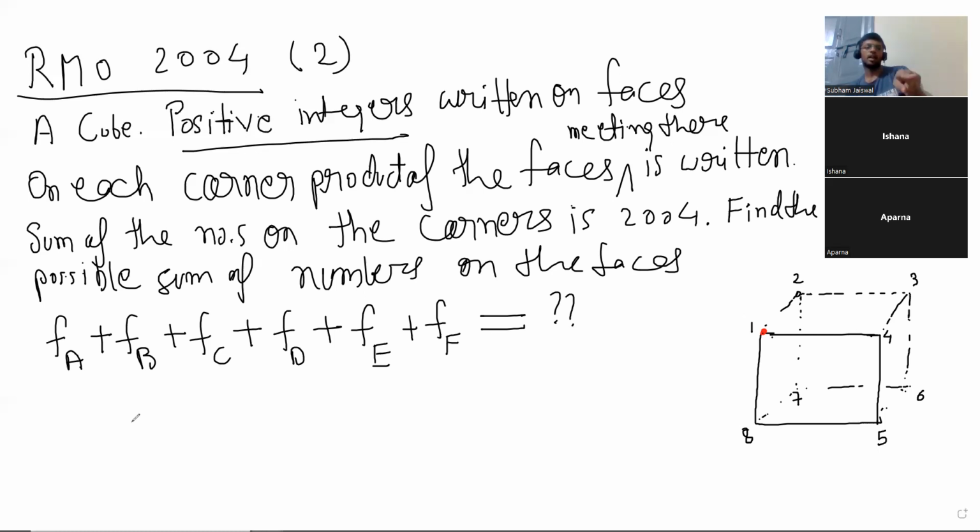So can you understand then what this corner thing is? From here, there are 6 faces.